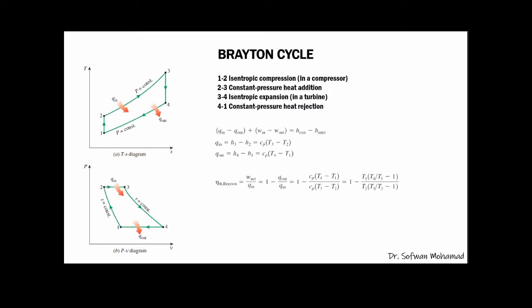The Brayton cycle efficiency can also be calculated using the pressure ratio, which is the ratio of pressure P2 over P1. All of these calculations you have already learned in thermodynamics.